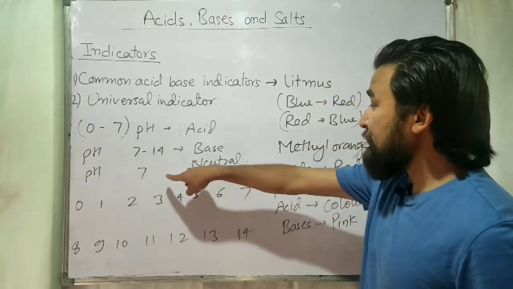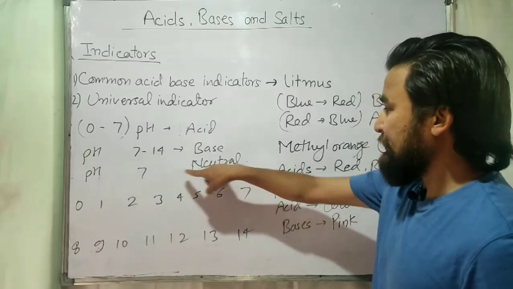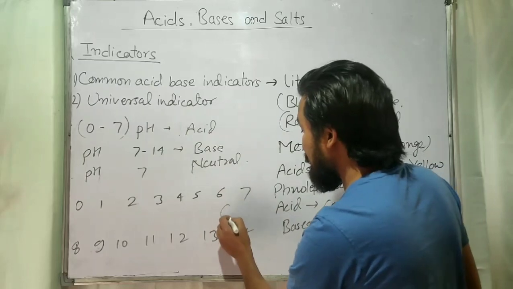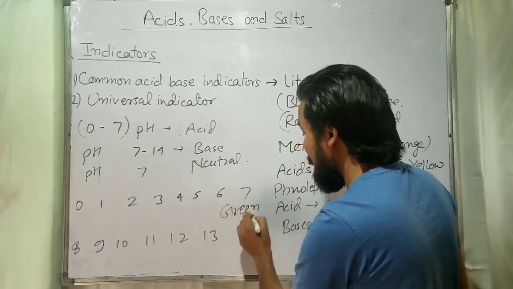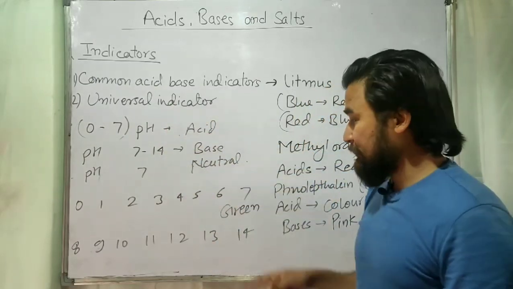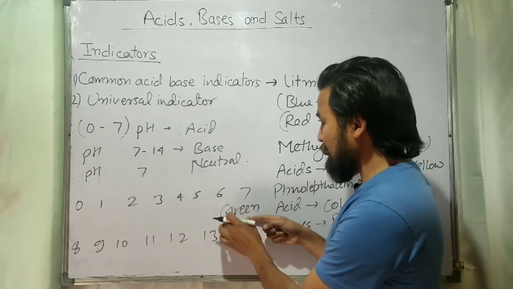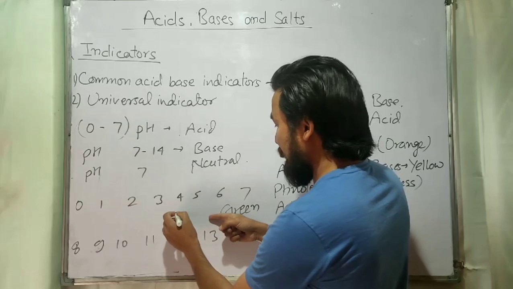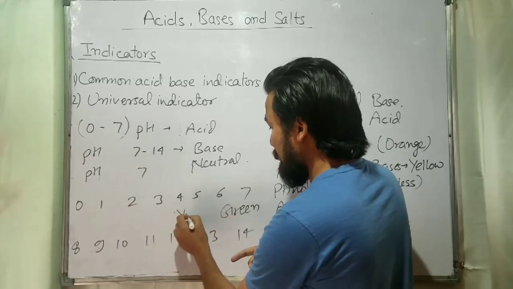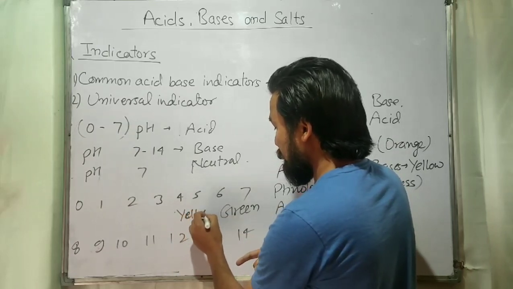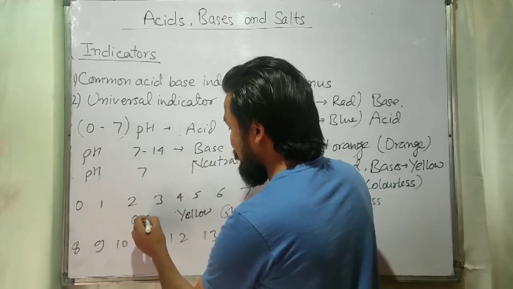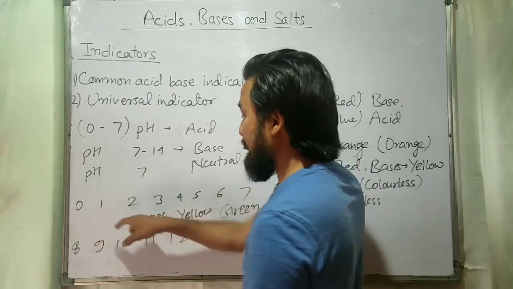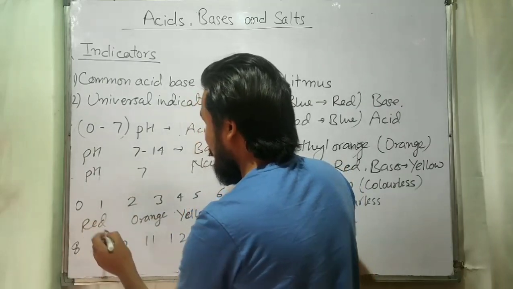If the pH of a substance is 7, means the substance is neutral, the universal indicator becomes green. So at different pH it will show different colors, like at 7 it will show green. Moving toward acidic, it becomes yellow, then orange, and when the substance is highly acidic it becomes red.